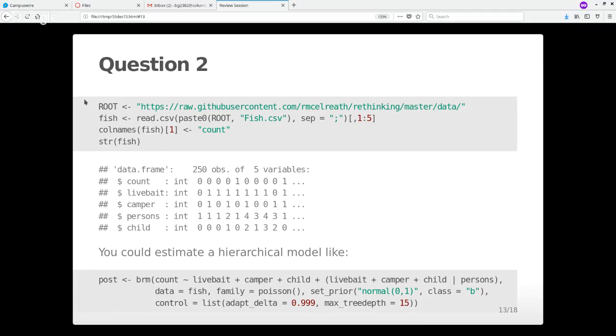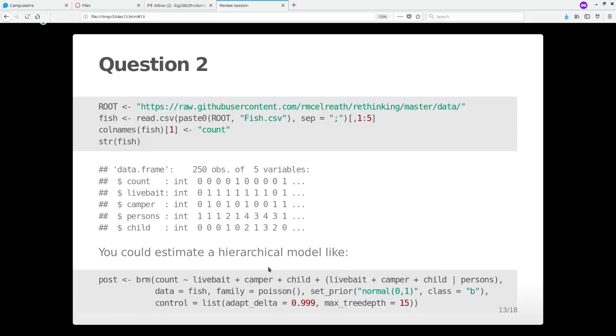So we could easily specify a hierarchical model like this, allowing the coefficients to vary by persons, which in this case is an integer, but we can include it as a grouping factor for the number of people that were in the group doing the fishing. And this hierarchical Poisson is fairly easy to specify in rstanarm or brms.